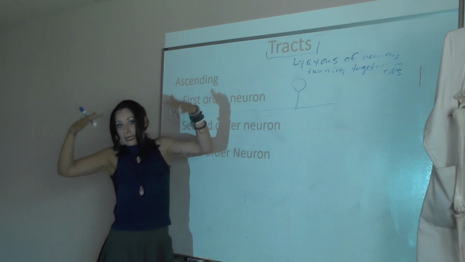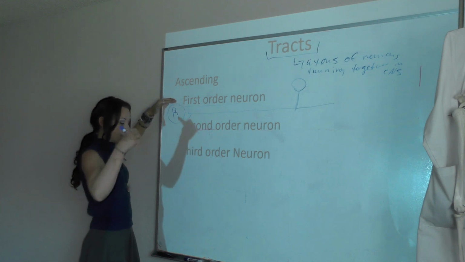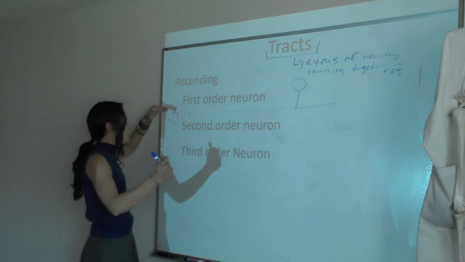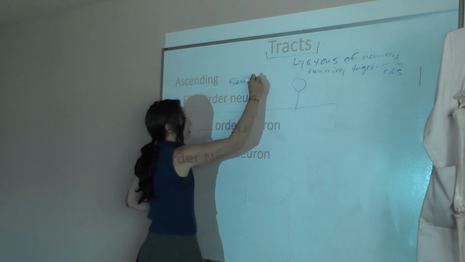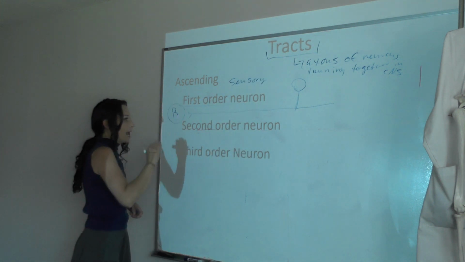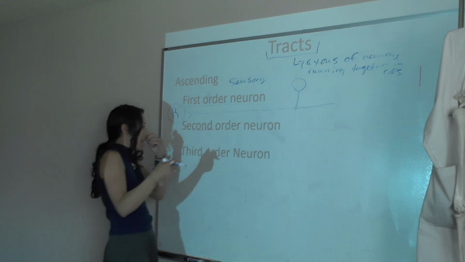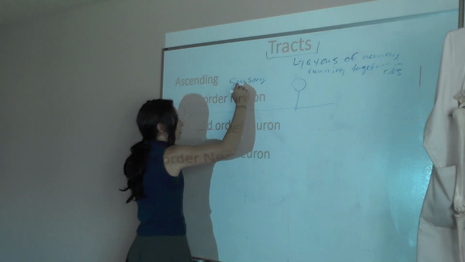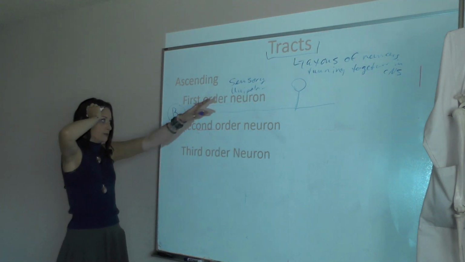We do that with everything, anatomy and physiology. So our first order neuron is like the first runner in the relay race, and it is a sensory neuron by its functional classification. And in the case of our somatic senses, our general senses from our body, it is a unipolar neuron by its anatomical or structural classification.